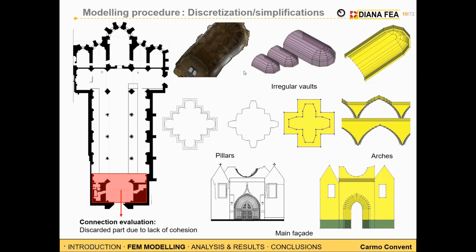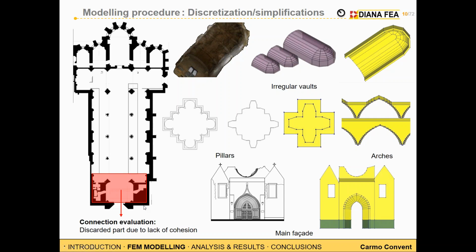I suggest you always think about the possibility to pass from the photogrammetry to the CAD environment and then to DIANA environment. To do that, I suggest you take into account that the edges and the geometry should avoid tiny and small parts in order to have an easier meshing phase.